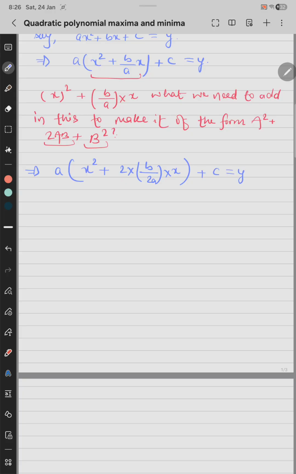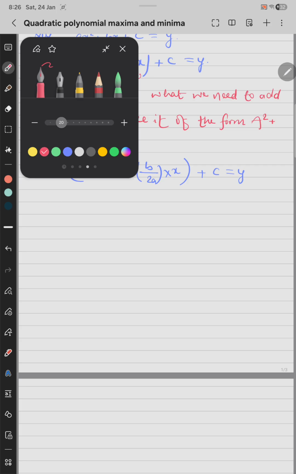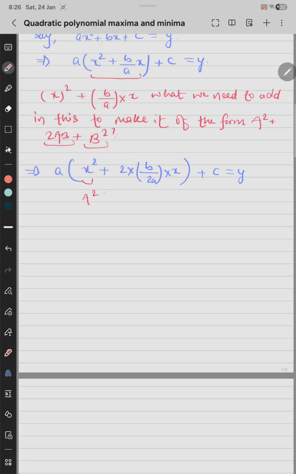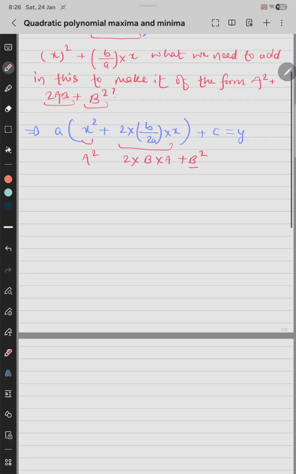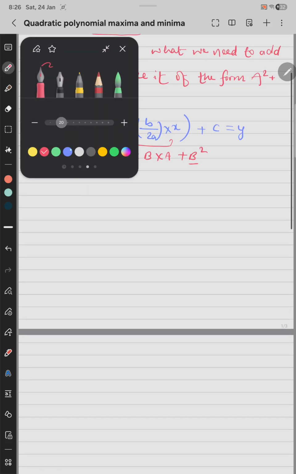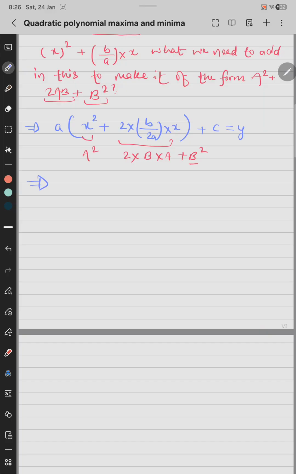Now here we have a square, we also have 2 into b into a, but we also need this b square. So we will now try to add b square here. We have b which is equal to small b by 2 small a. So we will use that 2 into b by 2a multiplied by x.